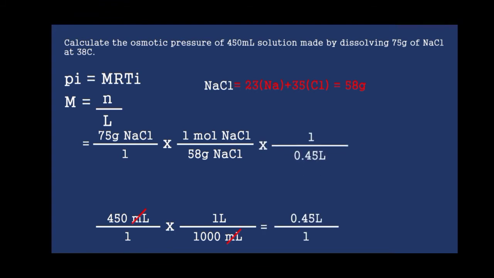So we're going to multiply by 1 over 0.45 liters of solution. We cross out all the same units, and it is equal to 1.3 moles NaCl over 0.45 liters, which is equal to 2.9 moles per liter.